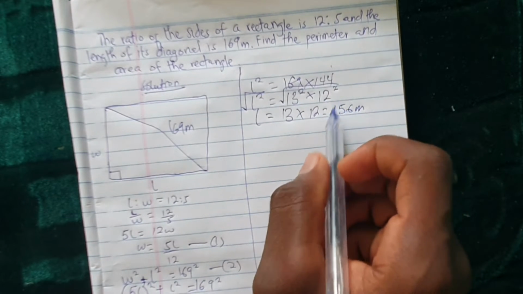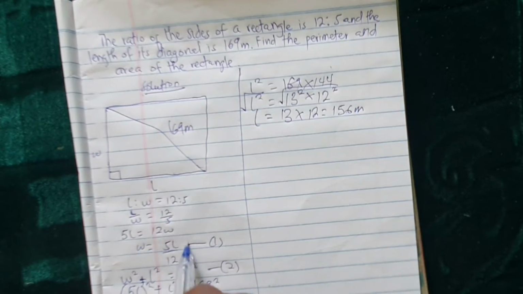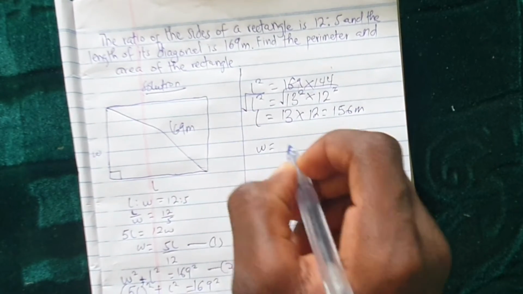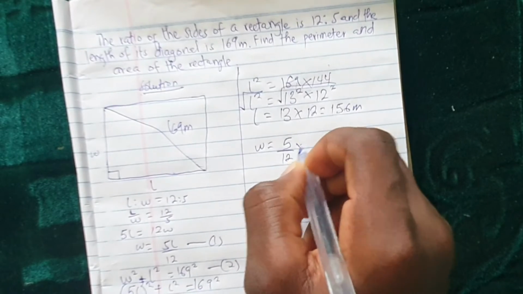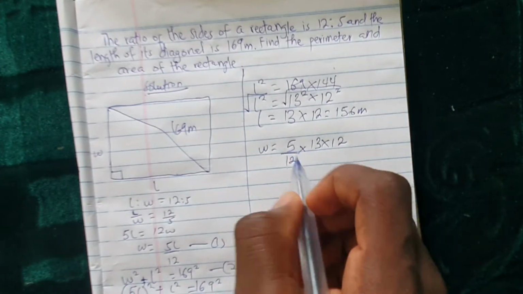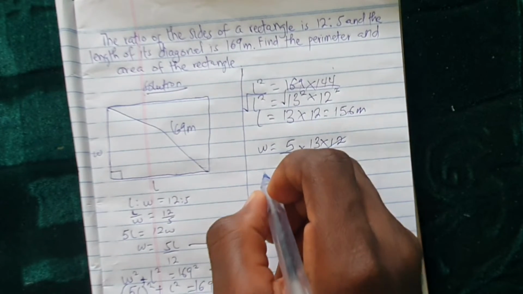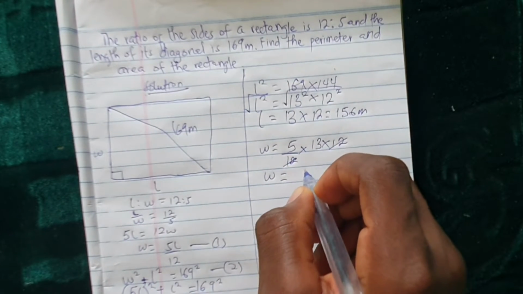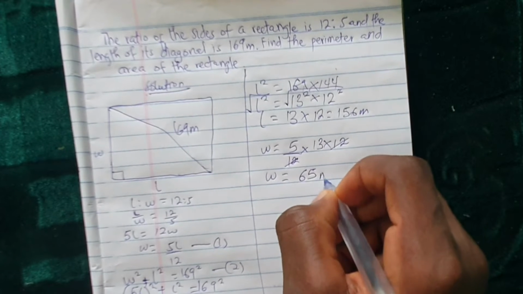So we now put the value of L into the first equation to find the value of W. 12 will get rid of this 12, so W will be 5 times 13, which is 65 meters.